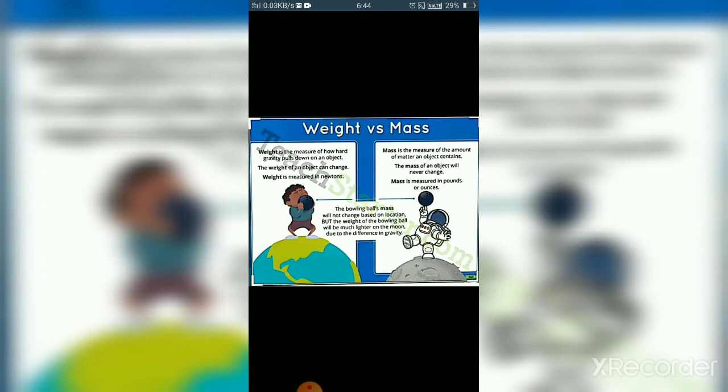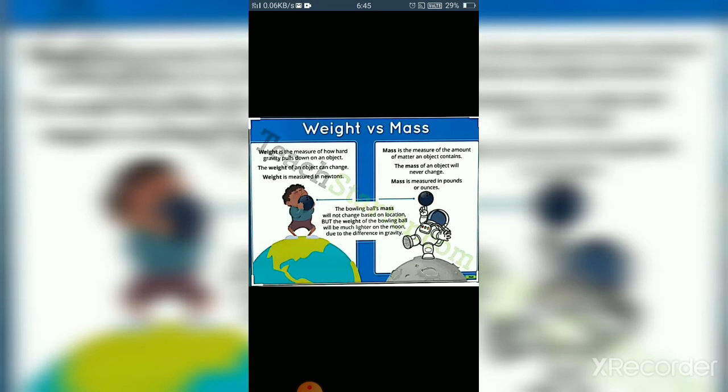The weight of an object on the earth is quite large as compared to the weight on the moon, as weight depends on the gravitational pull.